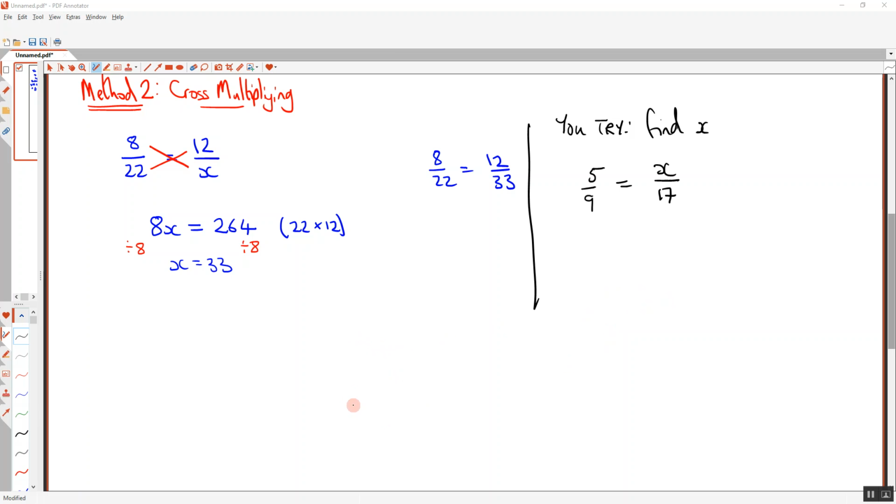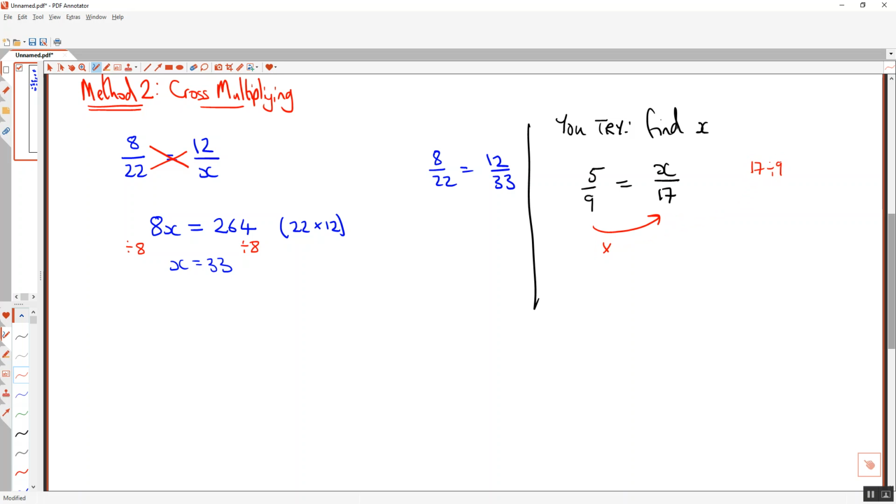Who wants to show me how to do it with method 1? Let's be confident. So basically, you need to get 9 to 17. You have to divide it by 8.5, I think.